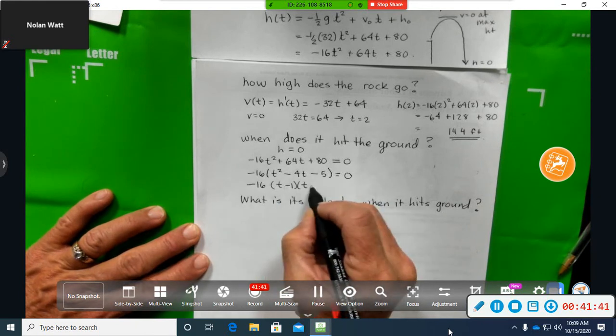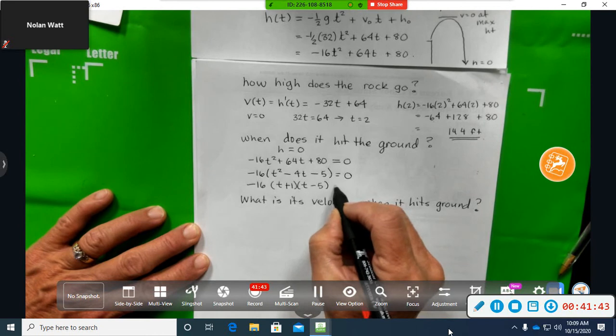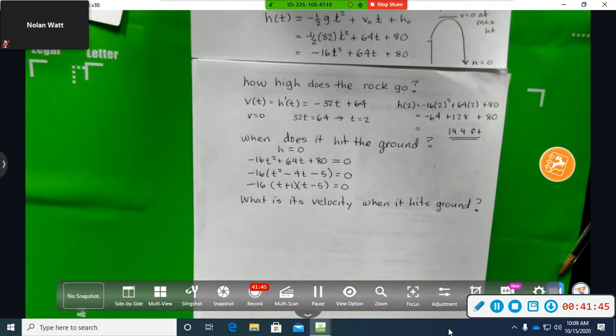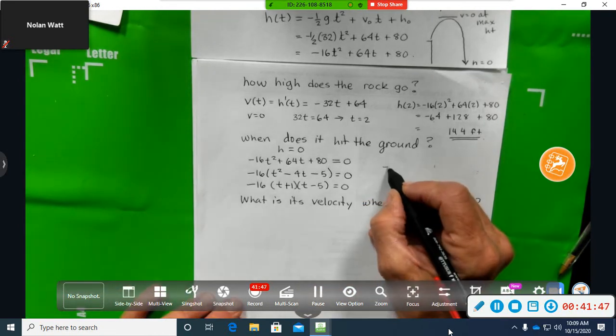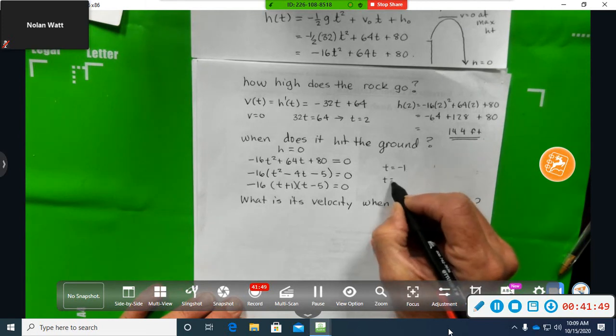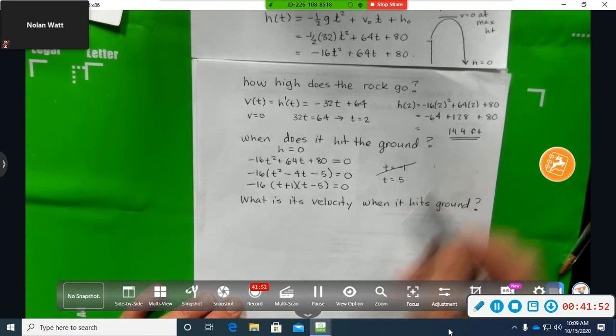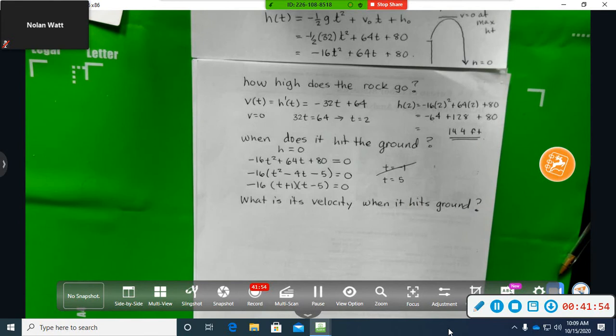Opposite in sign, I'm going to need a minus 5 and a plus 1. So when I set each factor equal to 0, I get t is -1 and t is equal to 5. -1 makes no physical sense. 5 has to be positive. So it hits the ground in 5 seconds.